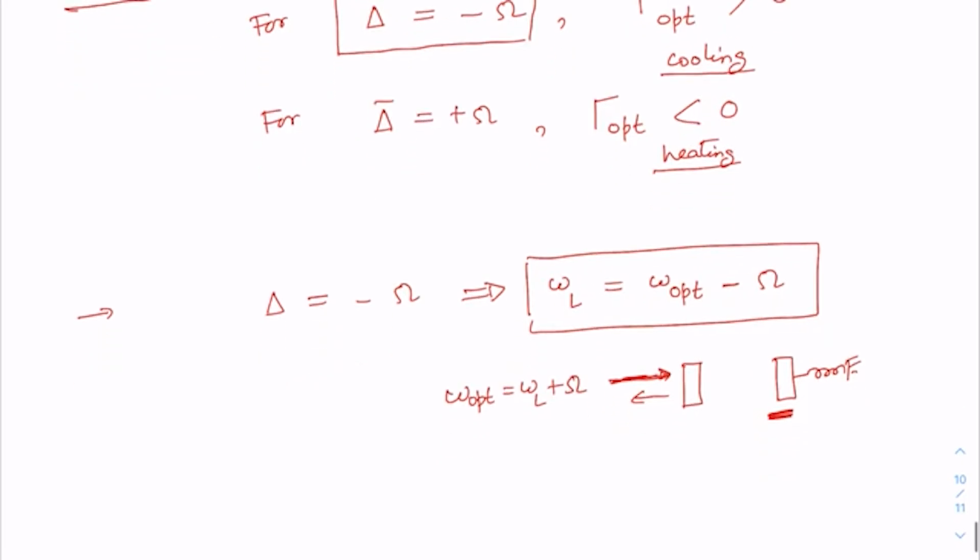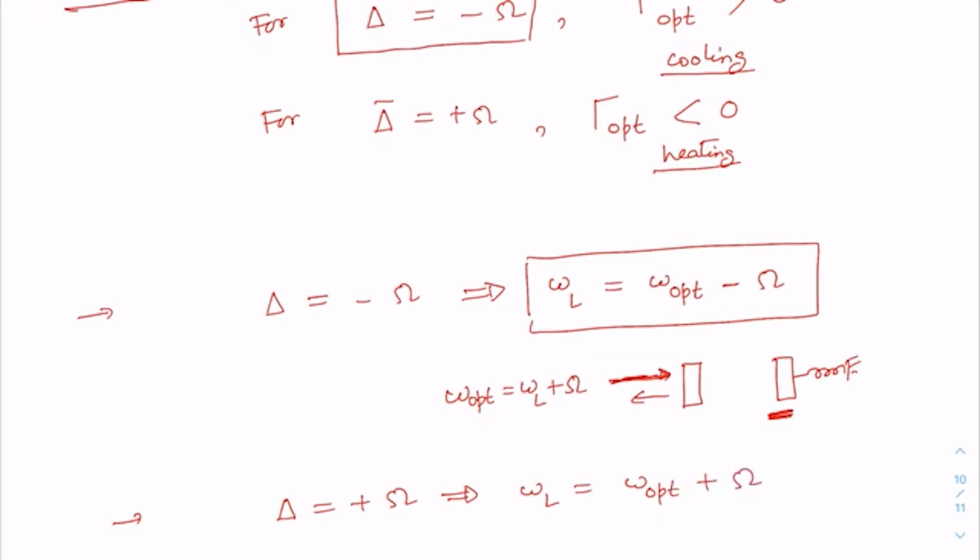On the other hand, when delta is equal to plus omega, you can do a similar analysis. Then the photon will be able to enter into the cavity if it dumps extra energy, because it is plus omega, so omega L is equal to omega optical plus omega.